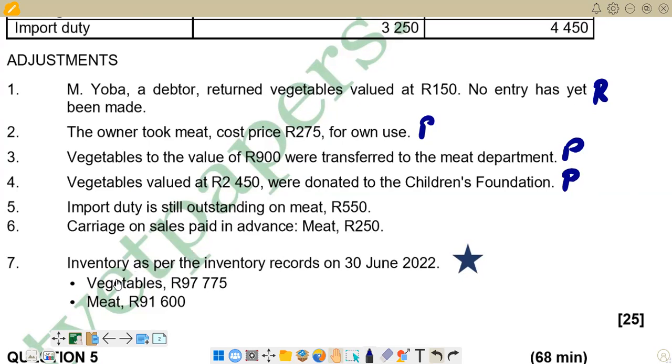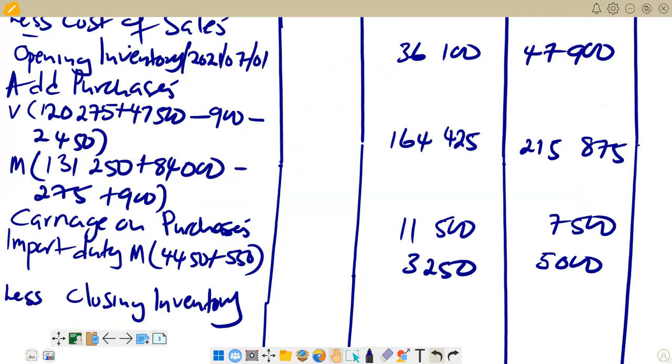So the figures that we are given there indicate the closing inventory. For vegetables, we've got 97,775, and then meat, we've got 91,600. So we are just going to enter those figures there. So for vegetables, we have 97,775.